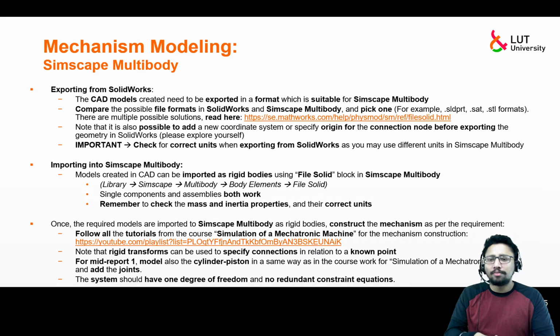There is a lot of material available online, so you can simply search how to modify the origin in SolidWorks and figure it out easily. And when you are exporting, be very careful about the correct units, because you might end up using a different unit in your Simscape Multibody. So make sure you are consistent with the units everywhere.